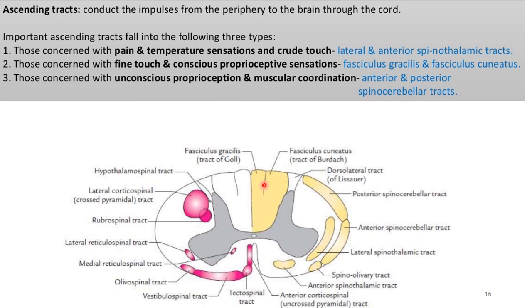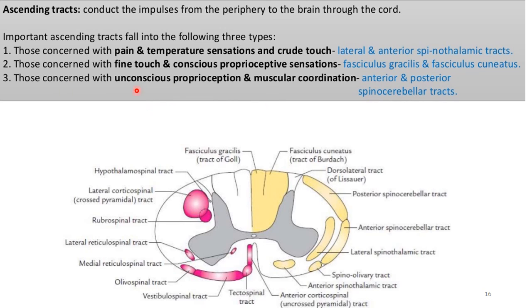Second sensation is fine touch and conscious proprioceptive sensation. They are mediated by the tract of Burdach or tract of Goll, or fasciculus cuneatus and fasciculus gracilis. These are the new names. They reach up to the nucleus gracilis and nucleus cuneatus of the medulla.